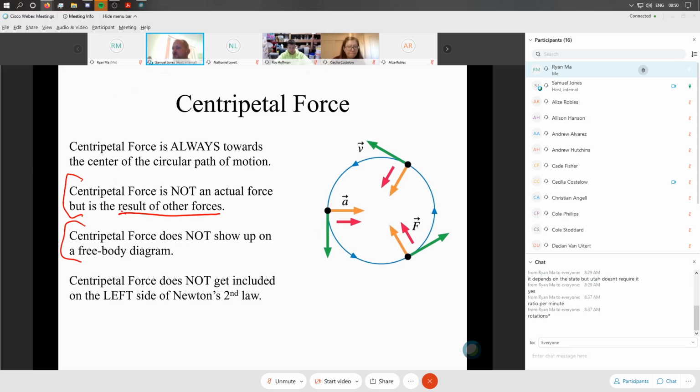You would draw the actual forces acting on the object, for example, normal force and gravitational force. These are the forces you would include in the free body diagram, and they are the ones that you recognize are causing the centripetal motion, but you would never draw an arrow and call that centripetal force.